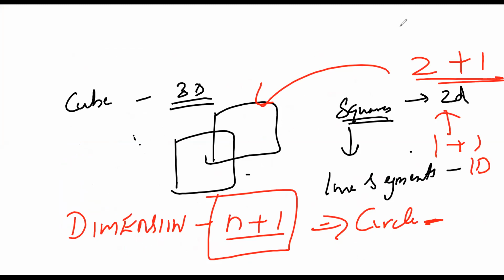It is not option A, it is option B. Saying a circle is one dimensional is wrong, because it is n plus 1, and 1 plus 1 is 2. So a circle is clearly two dimensional. It is made of diameters, which are one dimensional in nature.